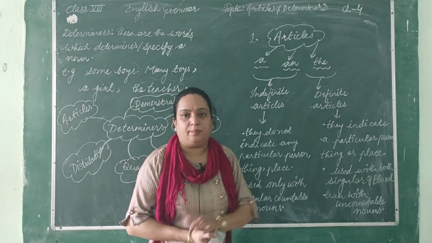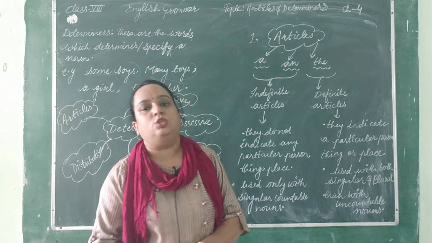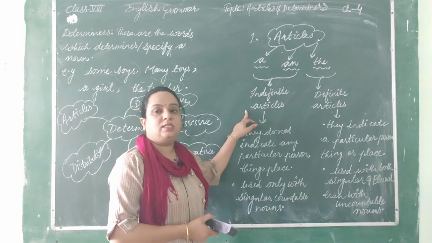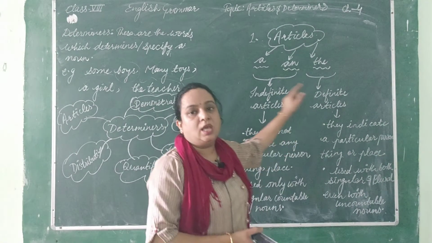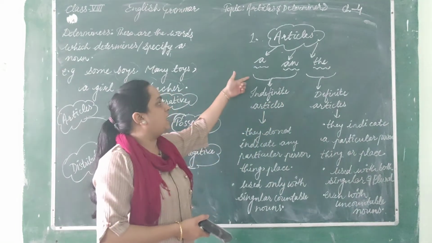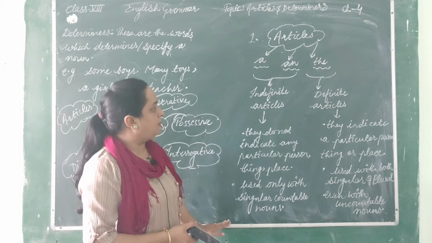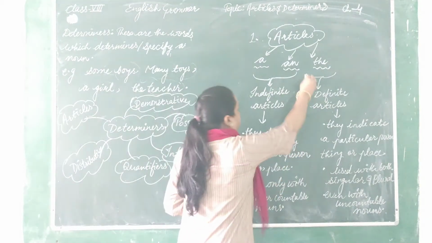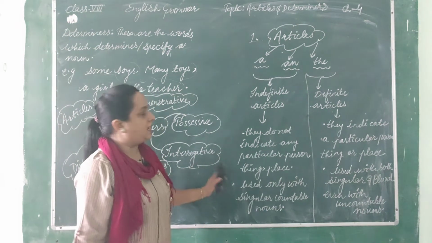So article determiners are divided into two categories. Number one is indefinite articles, number two is definite articles. Indefinite articles are a and an, and let's know something more about them.